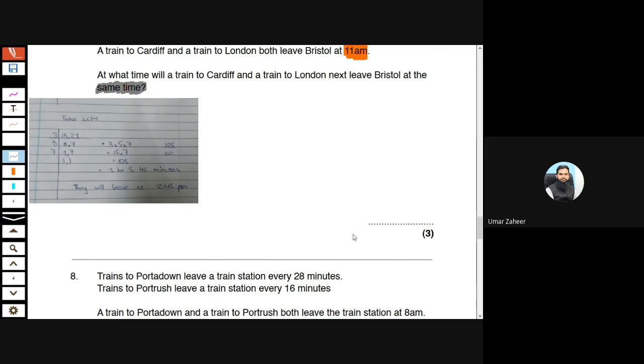Yes, Afan, please send the picture. Yes, sir, I'm trying. I don't know what issue I'm facing. Amal, you are also doing the question? Amal, are you here?